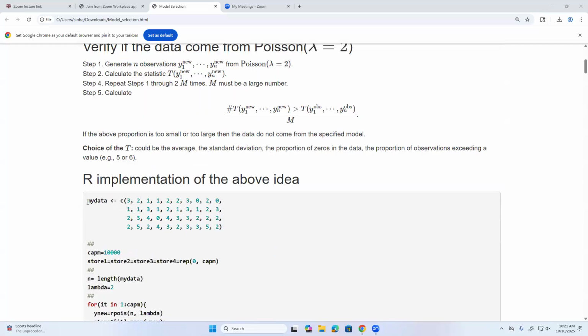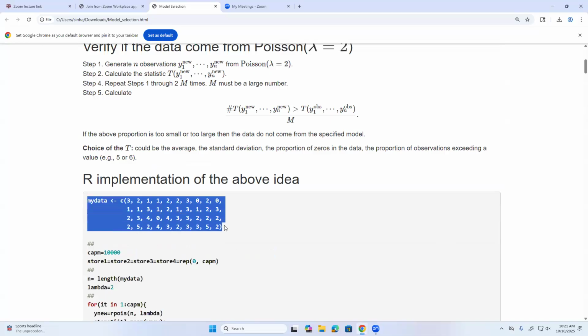This is the data, and we wanted to see whether the data are coming from a given distribution. There are two things. One is whether the parameter value of the distribution is known or unknown.